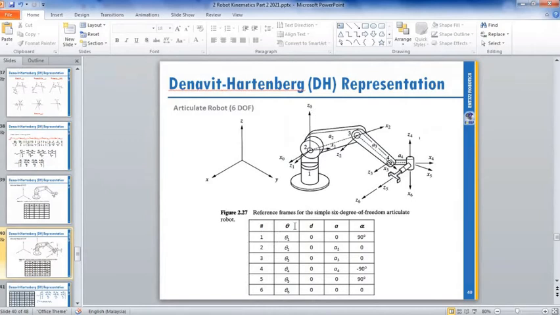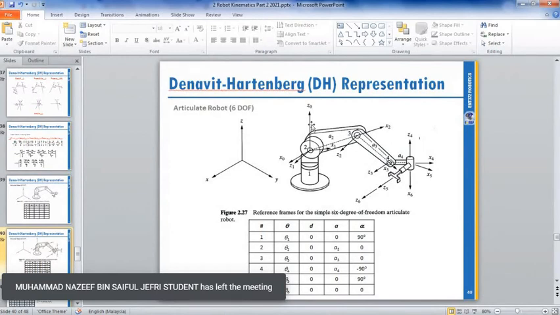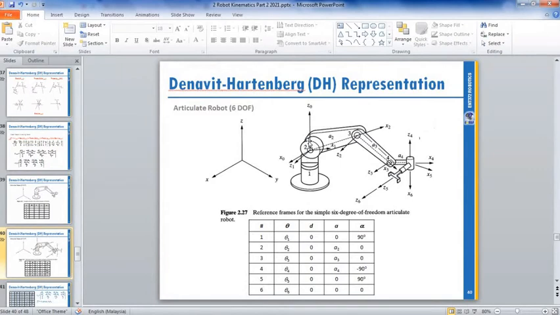So for z you have theta 1, and you also have rotation on alpha of 90 degrees. You can see your z is vertical and then changes to horizontal. That means you are rotating your x axis, in this example by 90 degrees.